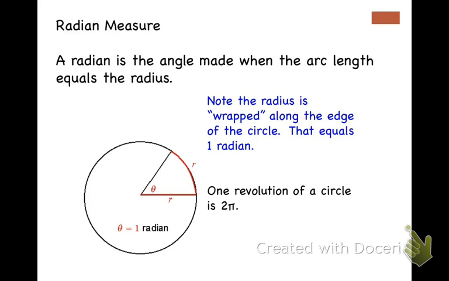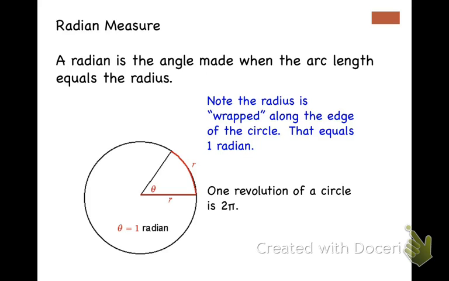So radian is another way to measure our angles. And this comes from the radius being sort of wrapped around that circle. It's how many times can we wrap that radius around the circumference of my circle. If you think back to the circumference formula for a circle, the circumference is 2 pi r.